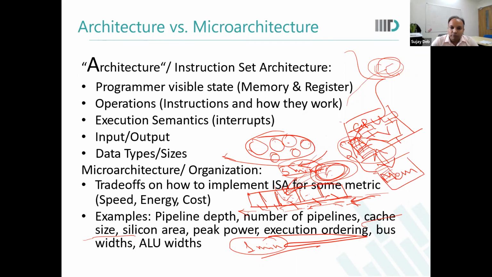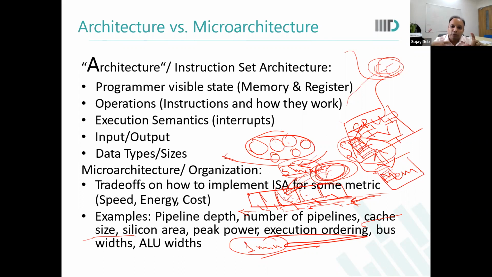So I try to explain it in a very relatable manner with the mess analogy. You can think of it in other ways also. As the name suggests, the architect tells that these are the features it will have, and these are the capabilities it will have, but that's a theoretical description.